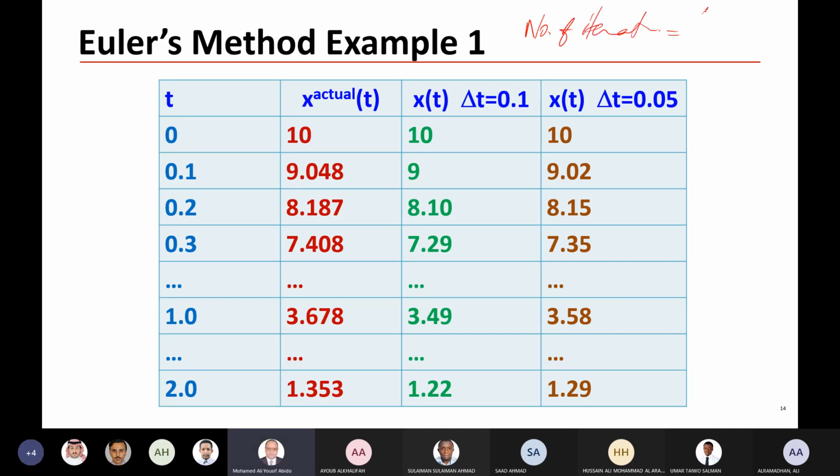Number of iterations equals t final over delta t. If you want to go to 2 seconds final time and delta t equal to 0.1, the number of iterations here equals 2 over 0.1, so 20 iterations. For delta t of 0.05, in order to reach 2 seconds, you need 40 iterations.